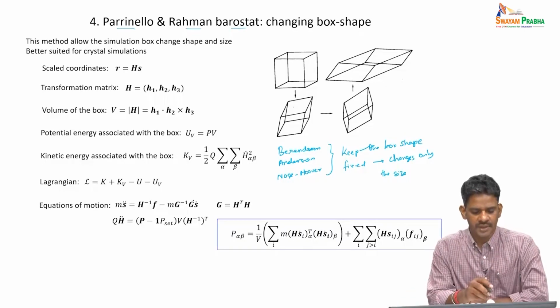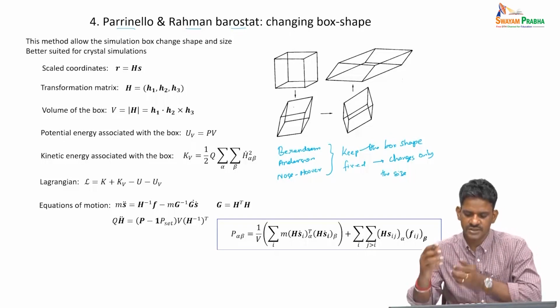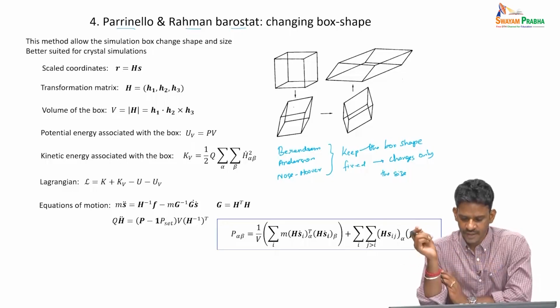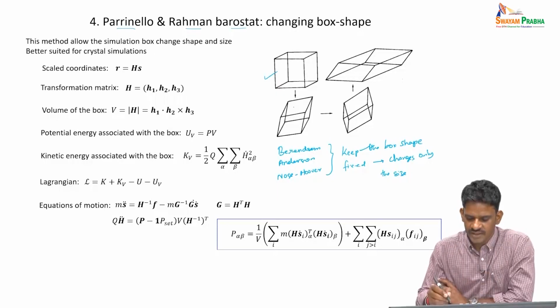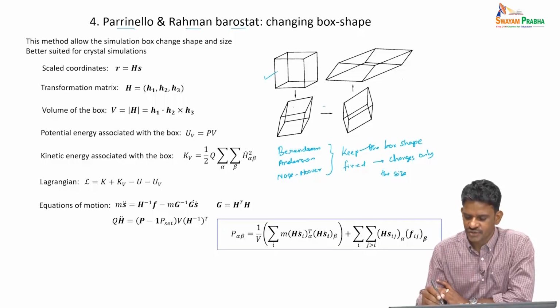But in this Parrinello-Rahman barostat, we have an additional degree of freedom where the box shape can also change. So, it is known as a changing box shape method. And as you can see in this figure, you might start with a cubic box, but then this algorithm will let it evolve depending upon the physical process happening in the system to change its shape in different ways.